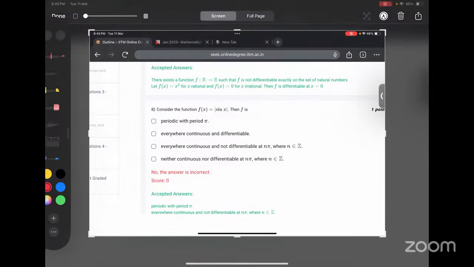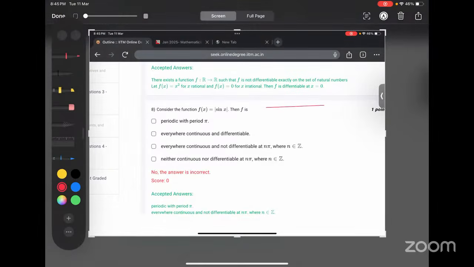So how is the graph of sin x? Like that, right? Yeah, it's oscillating. And if I take the mod, then how will it look? Only the top portion, the negative portion will be reflected to the top.